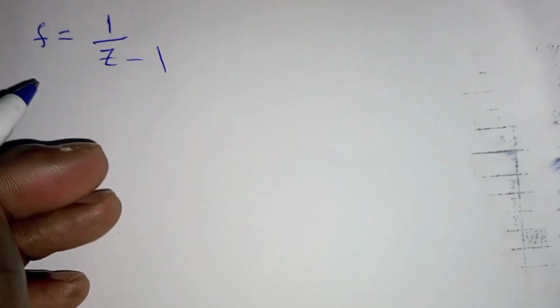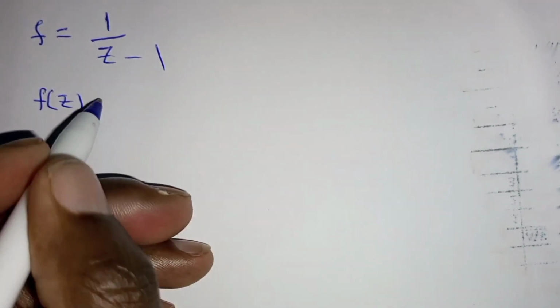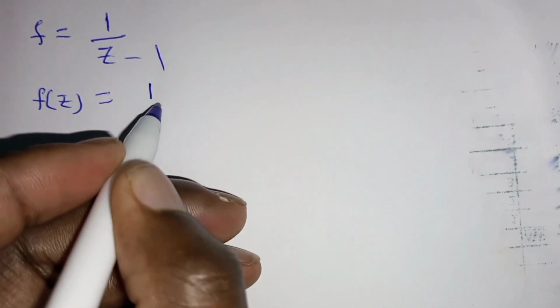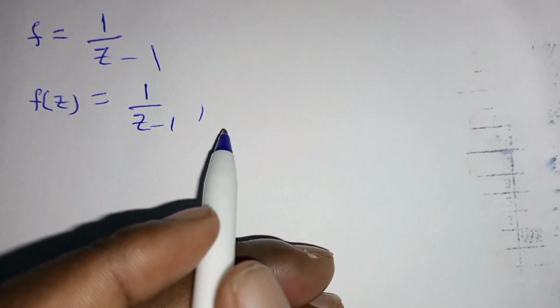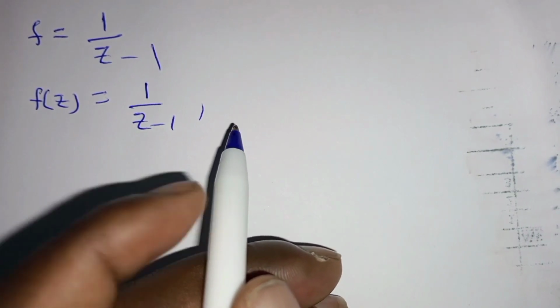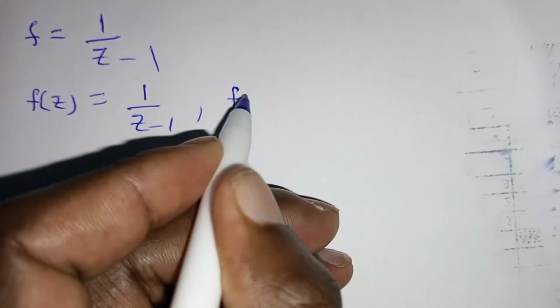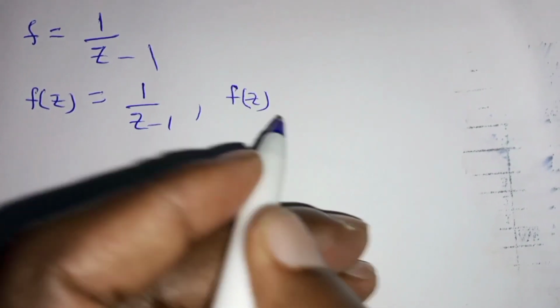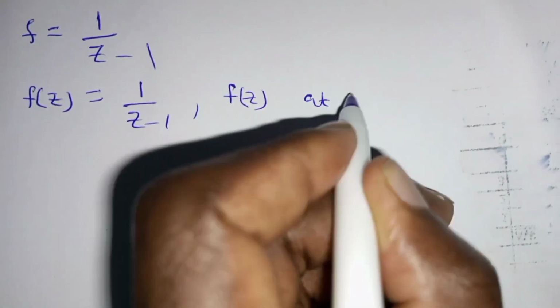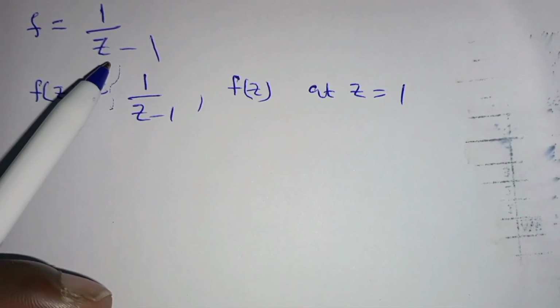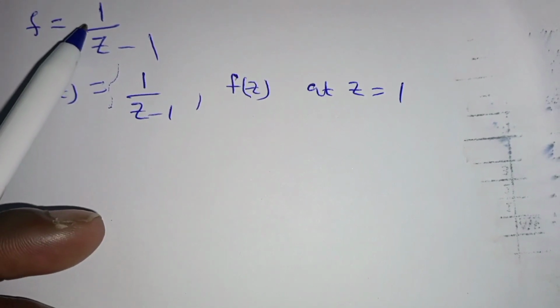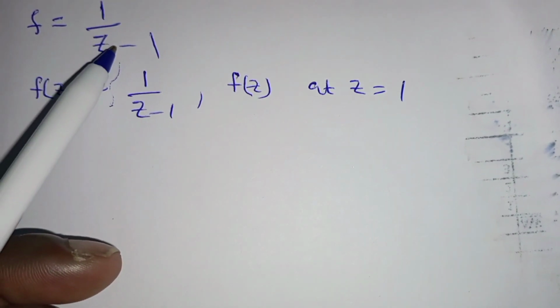Here we are given f of z, where z is a complex number, is equal to 1 over z minus 1. As you can see clearly, f of z is not defined at z is equal to 1, because when you substitute z with 1, you are going to get 0, and a number divided by 0 is undefined.